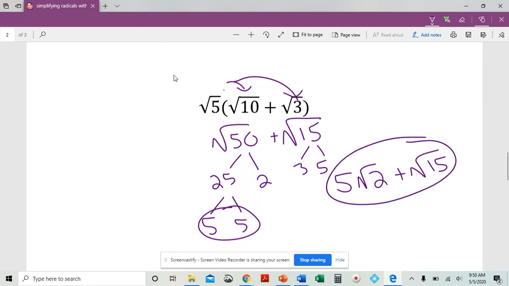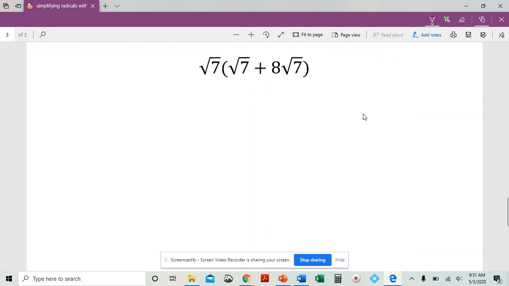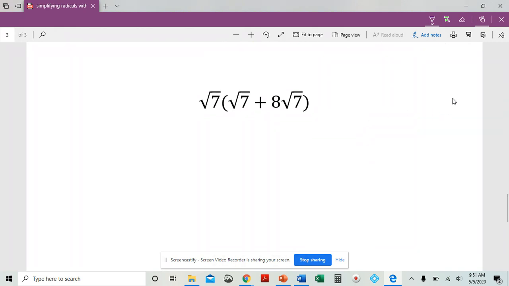You have to remember, look inside here and make sure that you simplify when you can. You need to look at those and look at the prime factorization tree that we've been practicing. Here is another example where we've got some radical signs. So the square root of 7 times the square root of 7, that is going to give us the square root of 49 plus 8 times the square root of 49.